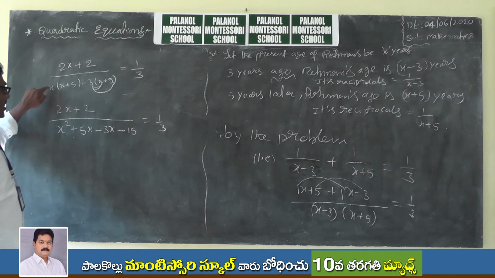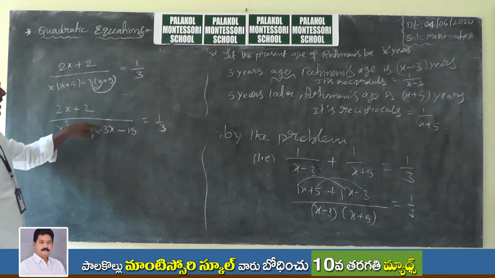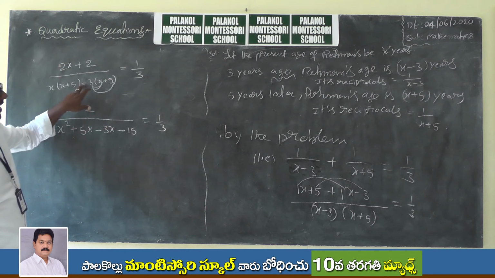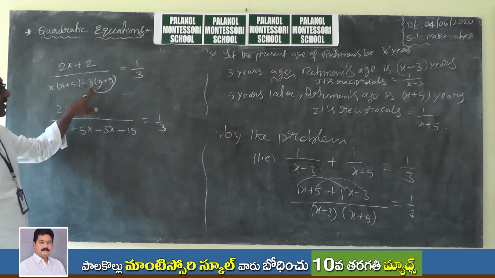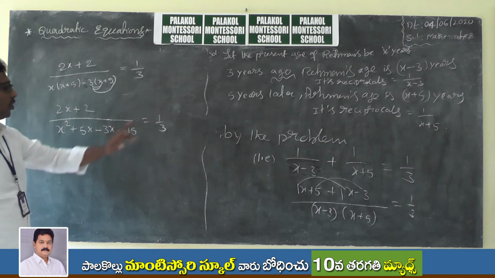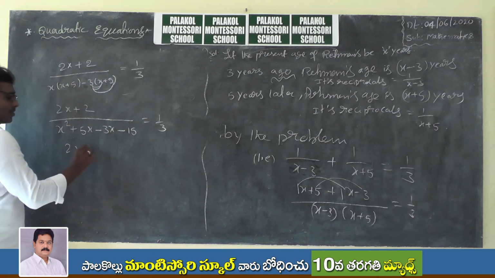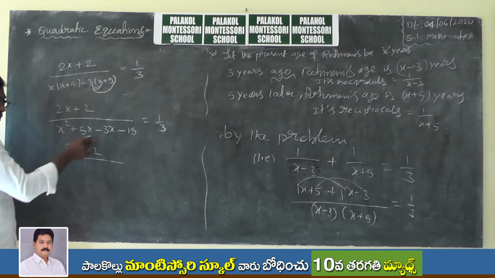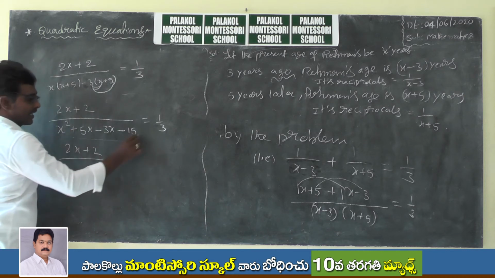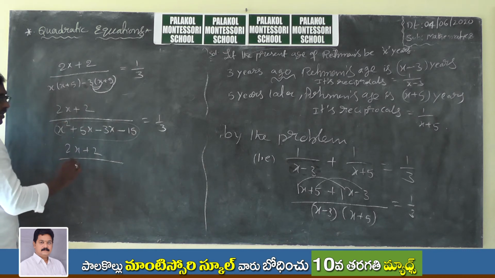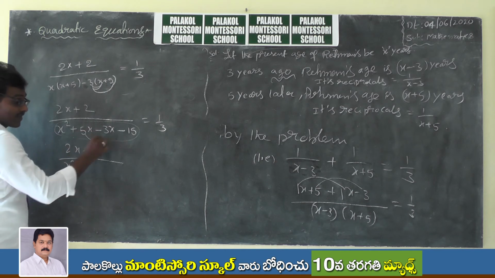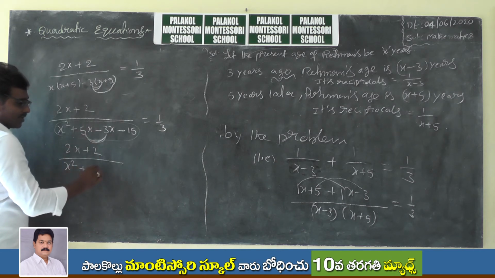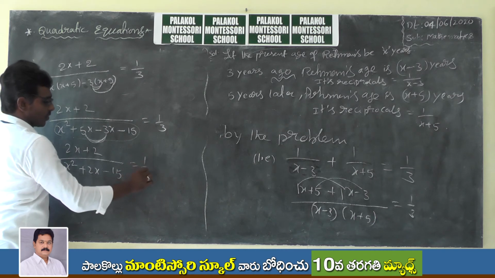In this denominator, simplification: x square, 5x minus 3x, you get plus 2x minus 15 is equal to 1 by 3.